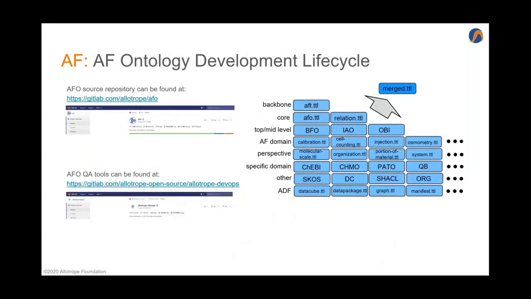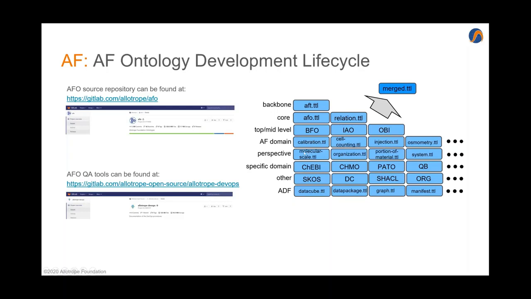So we looked over many domains of the ontology. We looked at the backbone, the AFT. We touched the core, the AFO Turtle file. We discussed a little bit about the top and mid-level ontology, the BFO, and there are many other domains which are Allotrope related, such as calibration, injection, cell counting, and so on.